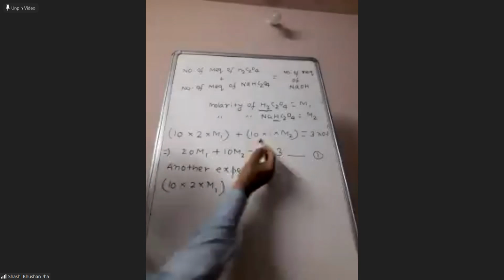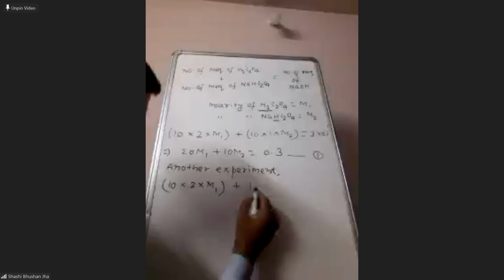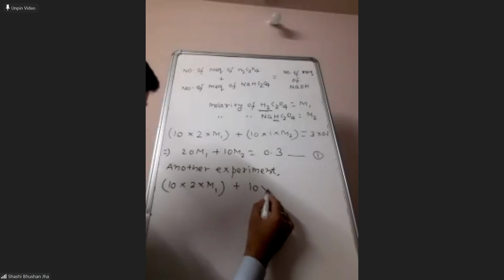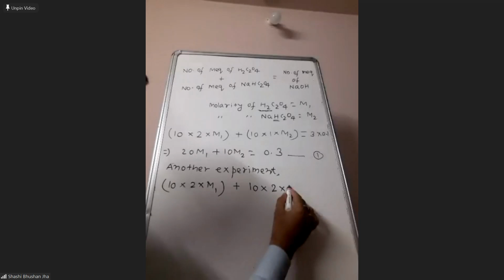The number of milliequivalents of sodium bioxalate will be calculated in a similar way. Volume is 10 milliliter. N factor will be taken as 2 into its molarity.